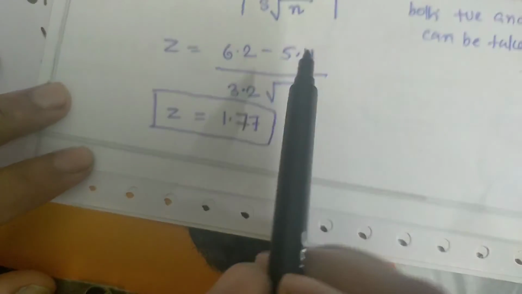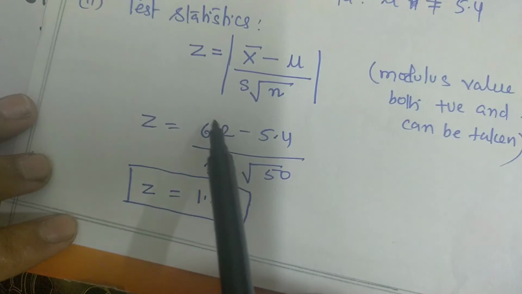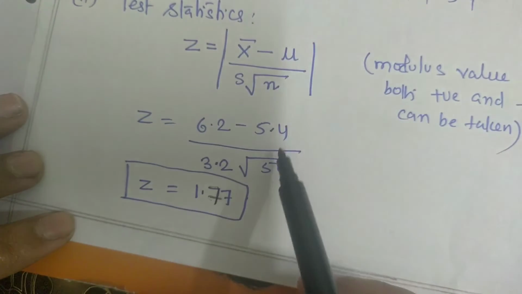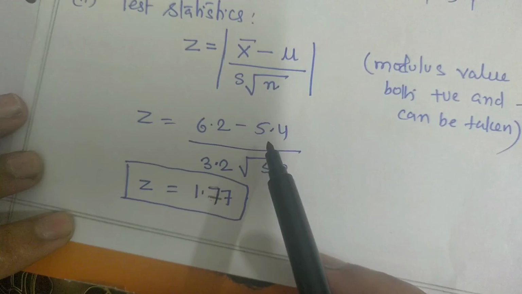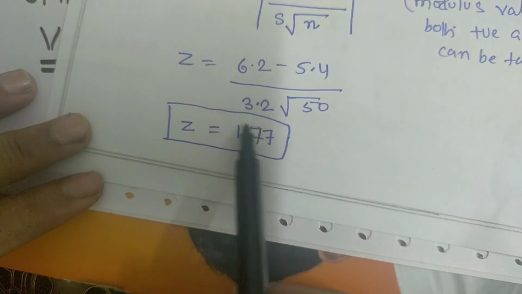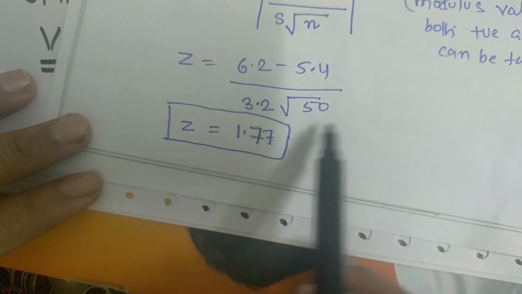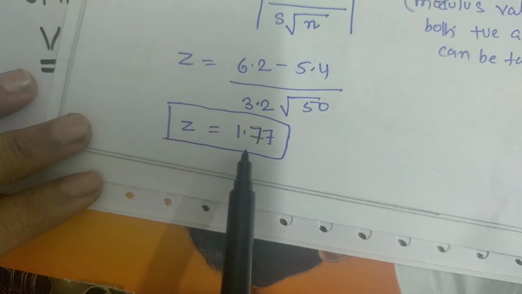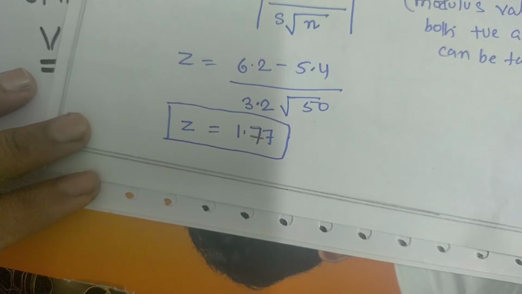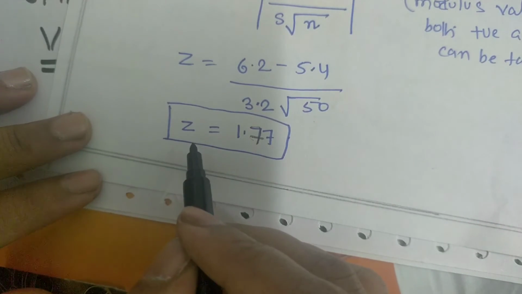So you can calculate here. The sample mean was 6.2, the population mean was 5.4, the standard deviation we got is 3.2, and the sample size was 50. If you calculate, you will get the Z value as 1.77. Now this is our calculated value.